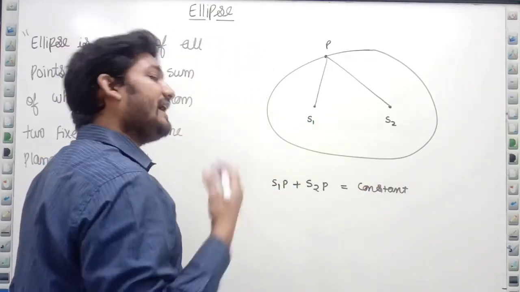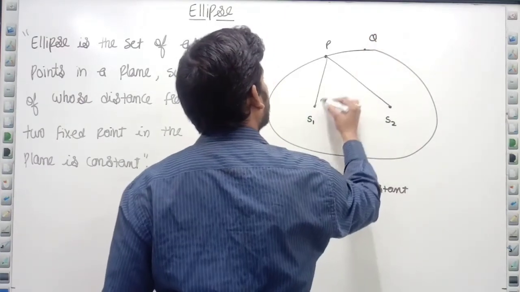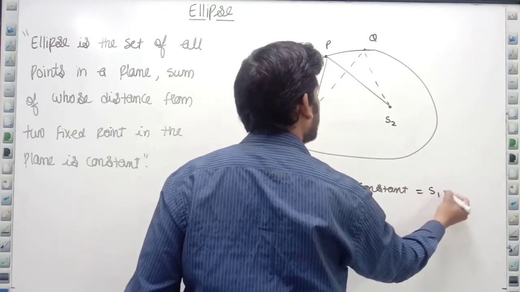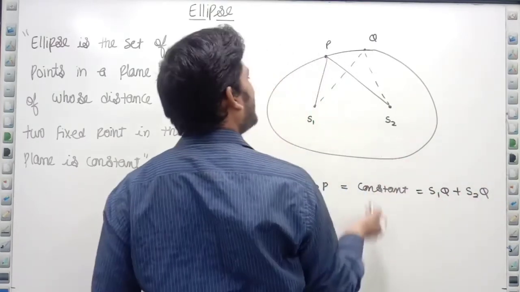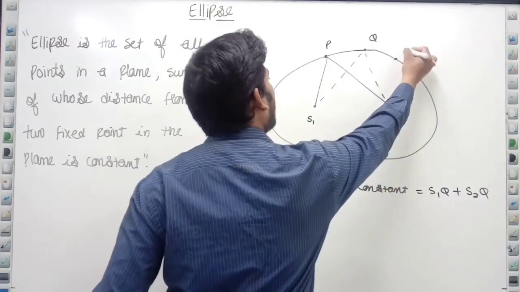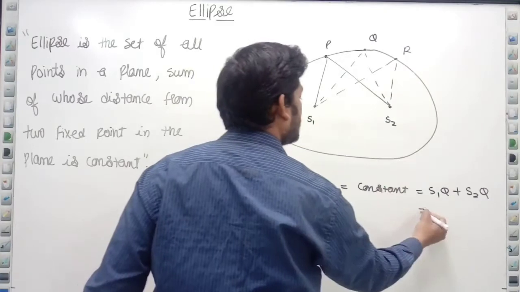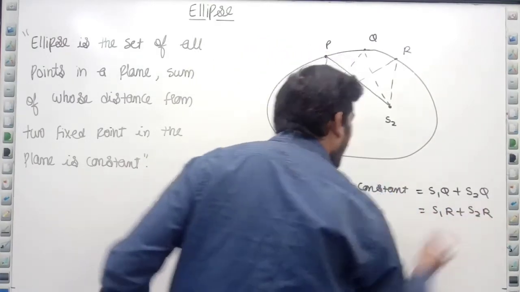Likewise, if I take any other point, suppose Q, then I can say that is equal to S1Q plus S2Q. If I take the third point R, it is equal to S1R plus S2R.